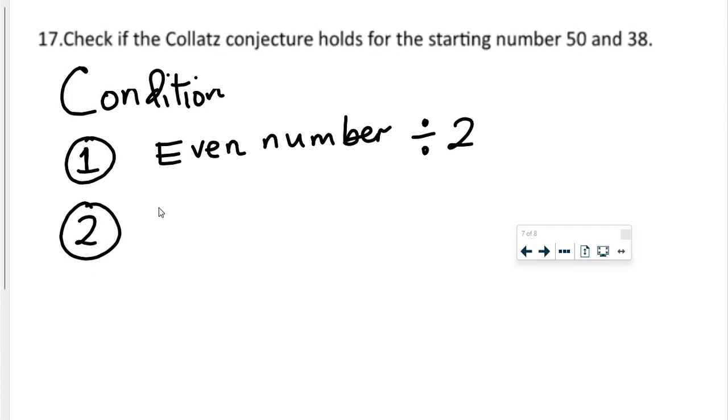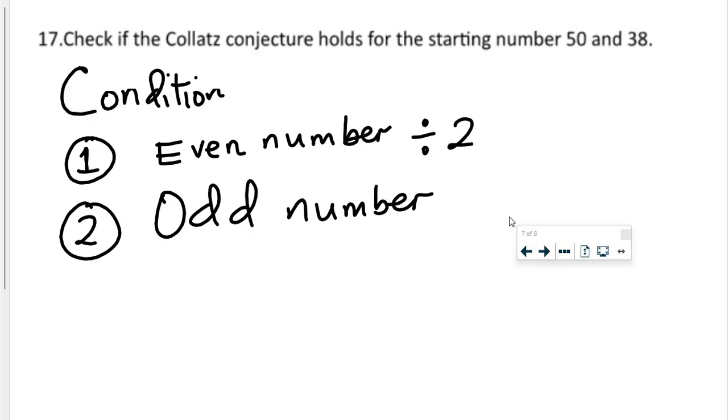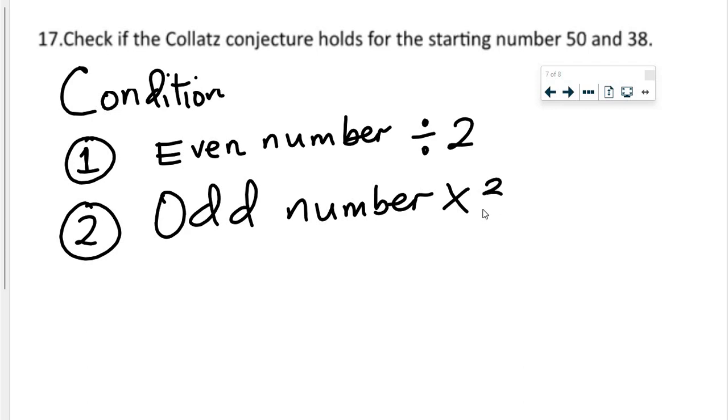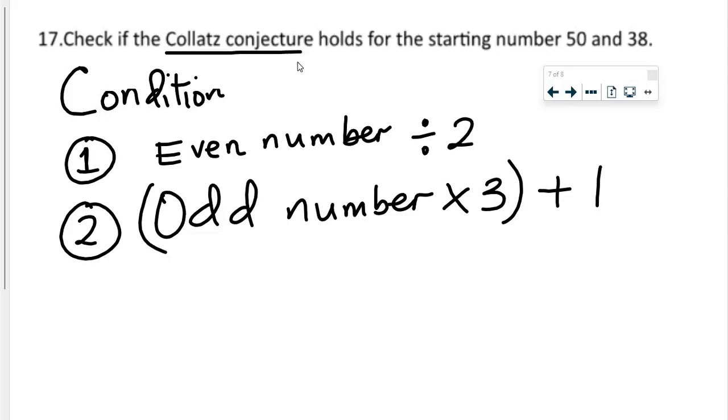Condition number 2: if the number is an odd number, what we do, we take that odd number, multiply by 3, the answer we get, we add 1. These are 2 conditions which Collatz's conjecture use.